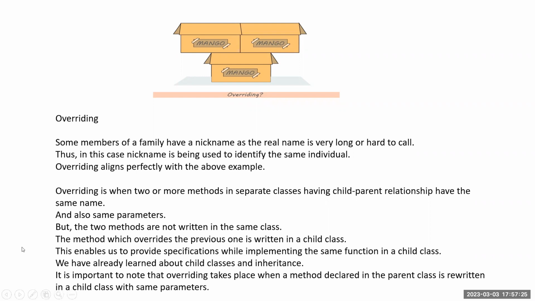We already learned about child class and inheritance. So it is important to note that overriding takes place when a method declared in the parent class is rewritten in a child class with the same parameters. Let's see an example of overriding.